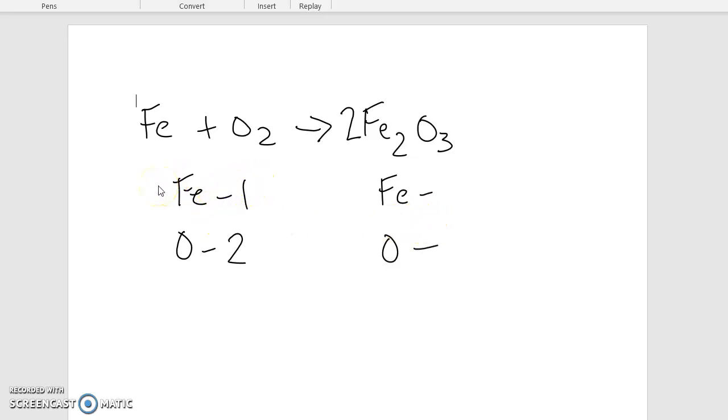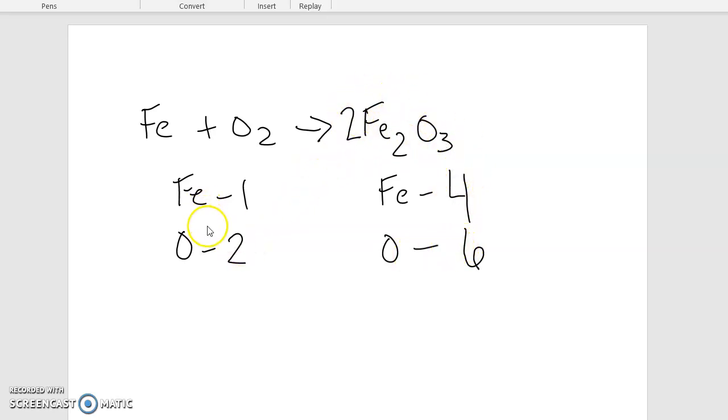Okay, if we have a 2 there, that now gives us 4 irons, and 2 times 3 is 6 oxygen. So 2 times 2 is 4, and 2 times 3 is 6.